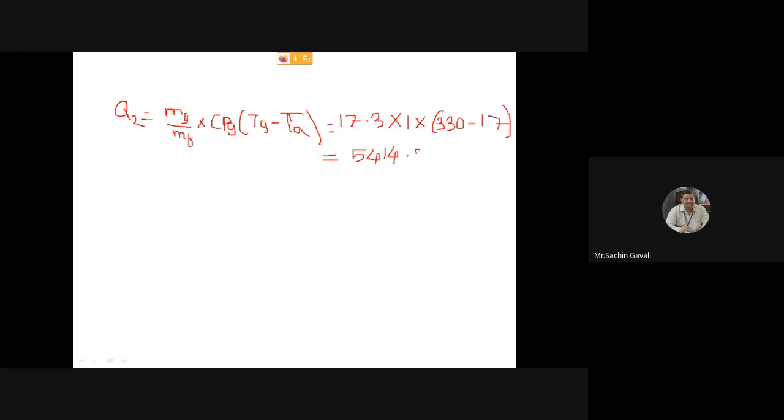Unit is kilojoule per kg. Everybody got this 5414.9 kilojoule per kg.